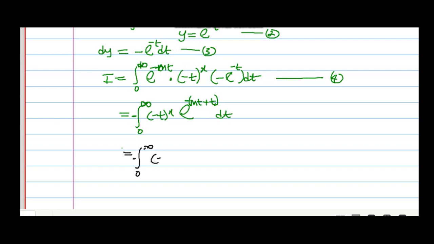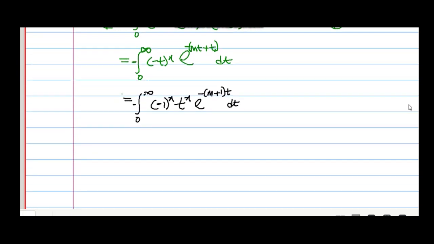You can split it as minus 1 raised to the power of x, and you can split it as t raised to the power of x times exponential minus (n+1) multiplying t dt. So this is actually the same thing as this. If you multiply this now, minus 1 and t here, we get the same thing as what we have above.